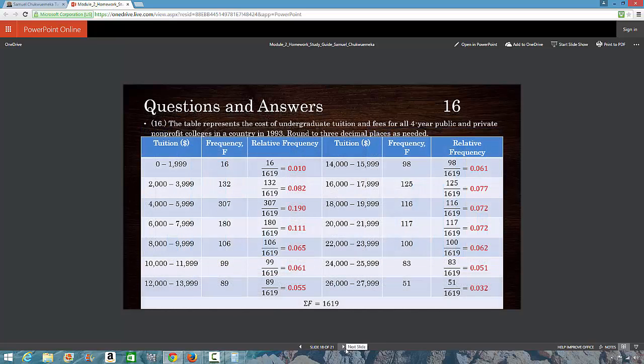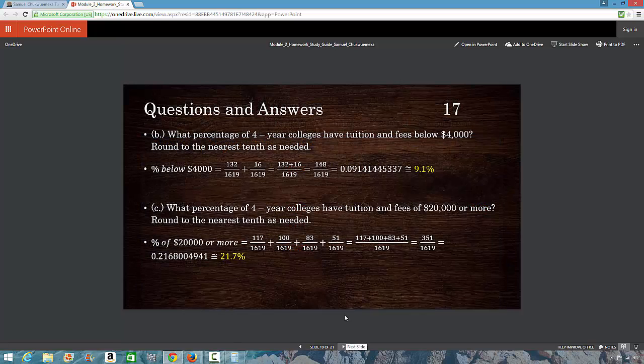Next question. Do the same thing here. You can put the data in StatCrunch and it will give you the relative frequency to verify, but you can also do this by hand. Then it says, what percentage of four-year colleges have tuition and fees below $4,000?